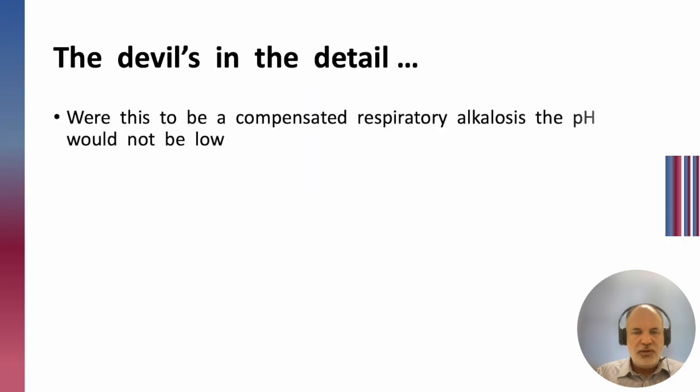So if we go through these, really the devil's in the detail. Were this to be a compensated respiratory alkalosis, the pH would not be low. Bear in mind, if the primary disorder was a respiratory alkalosis, so a pH above 7.44, then we couldn't compensate ourselves back into a normal range, and this patient in fact had a low pH.